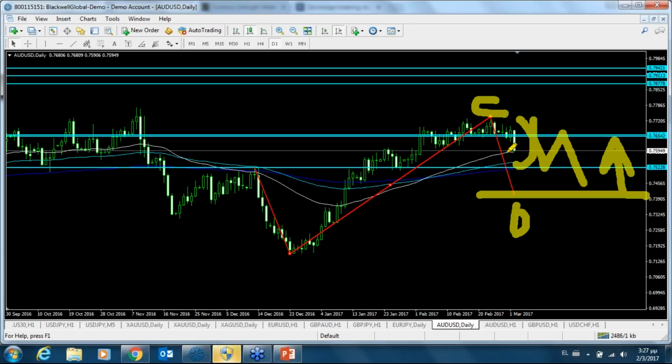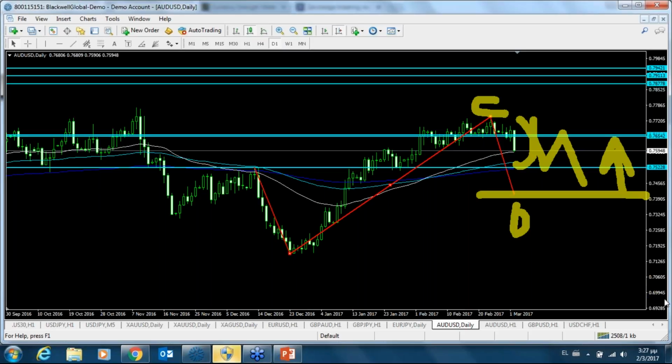Because you are looking at either one of the three lines, and one of them is a 50 exponential moving average. It's just too close, so it might go through it, but there may be a possibility or a risk for it to bounce up off that 50 exponential moving average. This is why it's really important for us to always look at where the three moving averages are on different time frames.